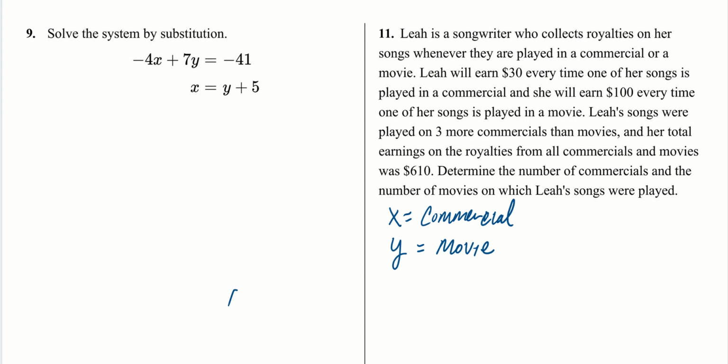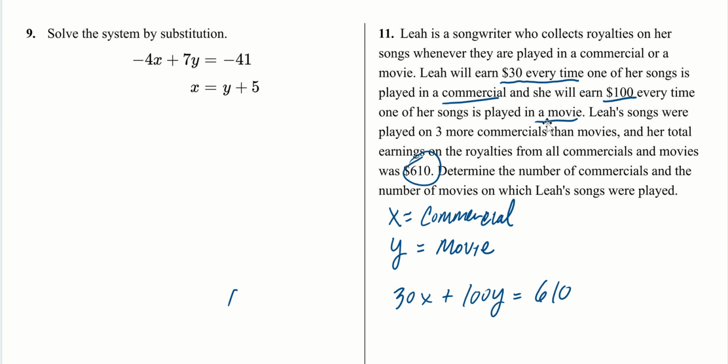Okay, so the first one to write is easier. I'm doing 30 for every commercial, 100 for every movie, and I'm making in total $610. So 30x plus 100y is equal to 610. So $30 per commercial, $100 per movie, gives me a total of $610.